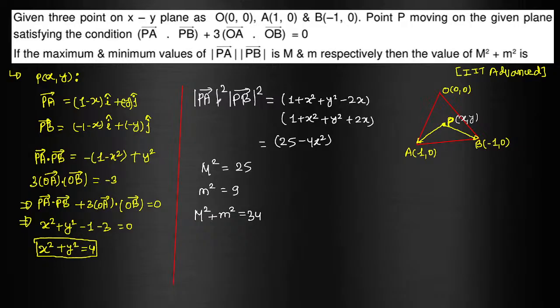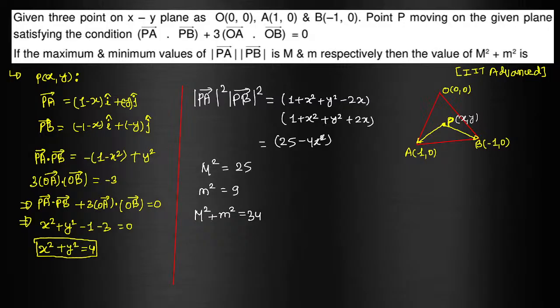Now mod of PA square, mod of PB square. So mod of PA square is 1 minus x whole square plus y square, into 1 plus x whole square plus y square, which is this. If you substitute x square plus y square as 4, we are getting 5 minus 2x into 5 plus 2x, which is 25 minus 4x square. When x is 0, M is maximum.